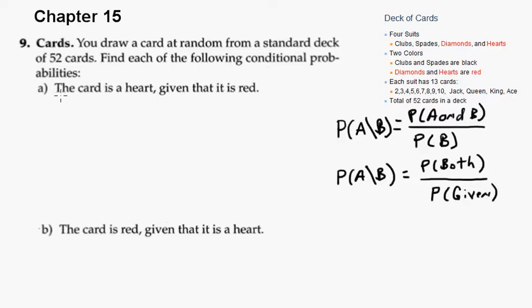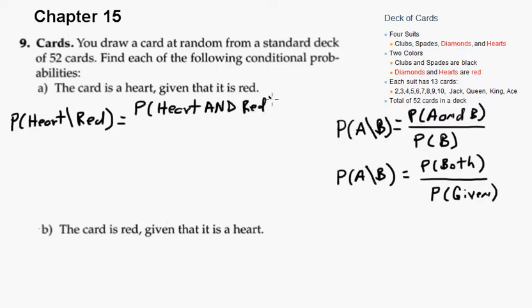We want to know the probability of a heart given that it's red. We write the probability of heart given red. Using our formula, that's the probability of both, a heart and red, divided by the probability of the given, which is red.